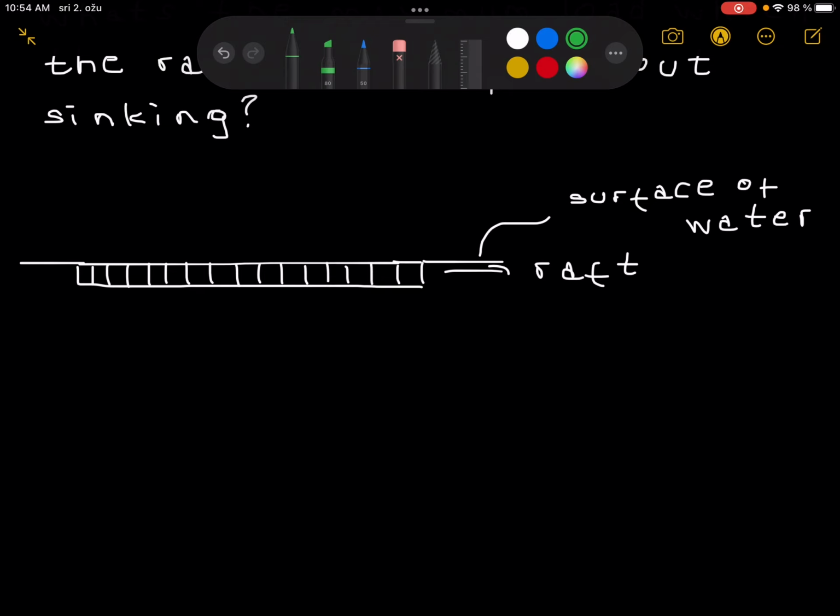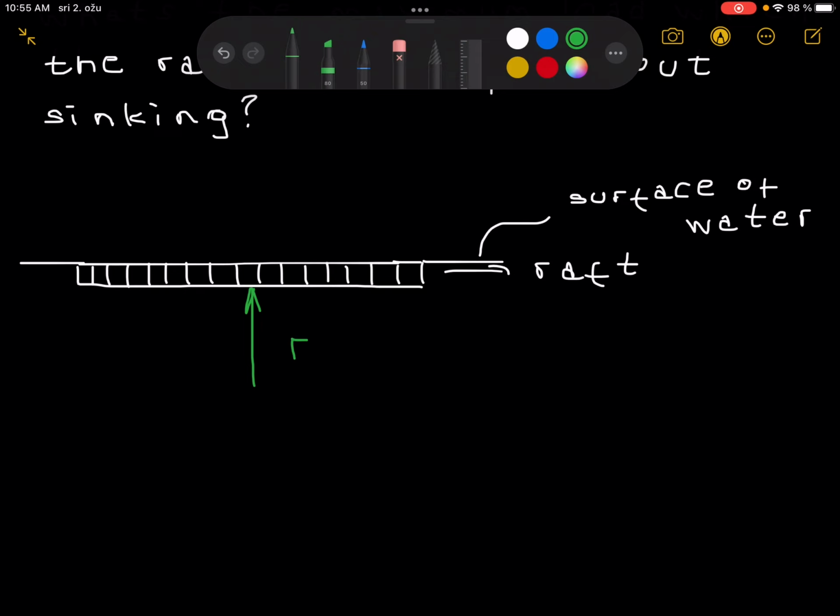And now let's see what forces are acting upon this raft. The first force that's going to act on the raft like this is actually Archimedes' force.